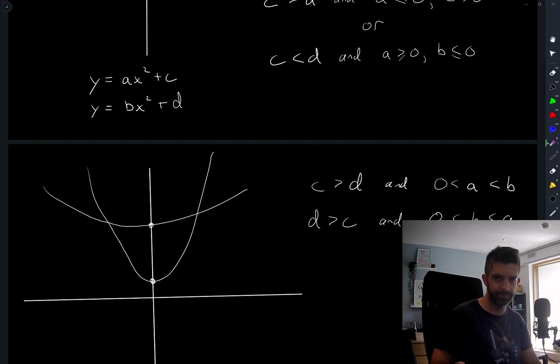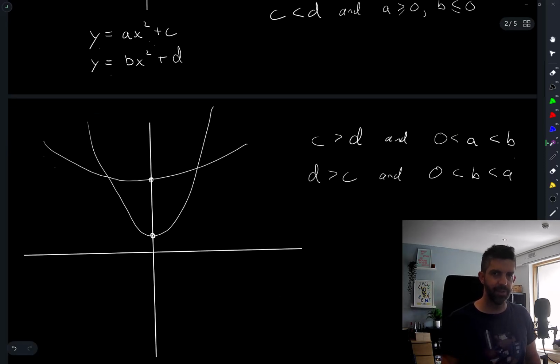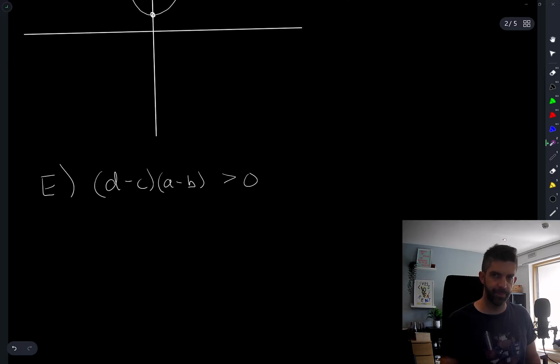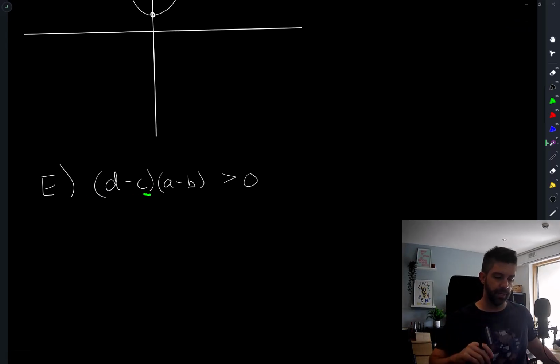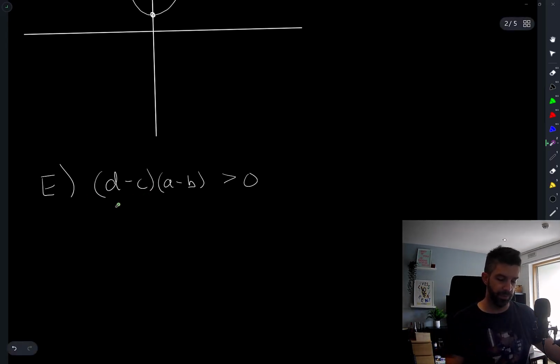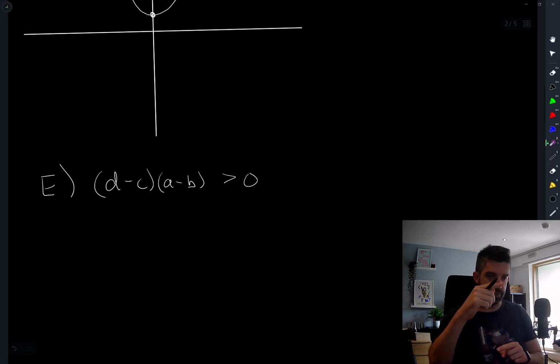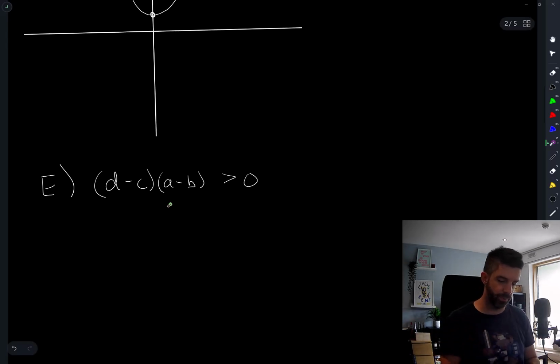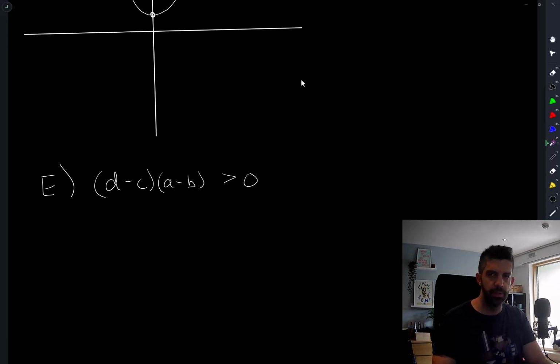And since these are vertical shifts, it really only depends on whether one parabola is above the other at the origin, and then we're comparing the sign of these two things.